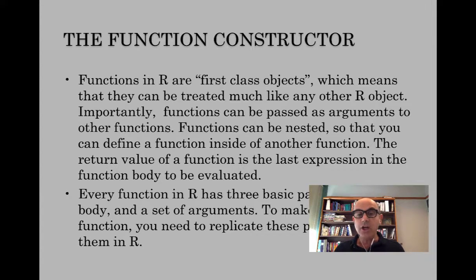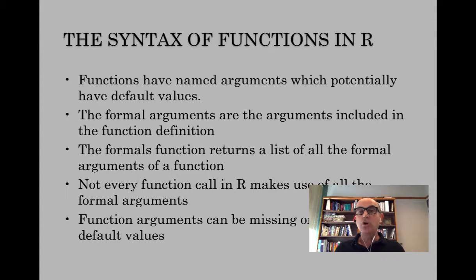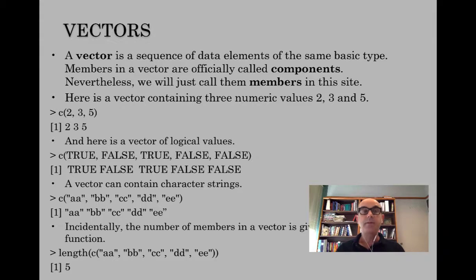To make your own function, you need to replicate those parts and store them in R. The function has a name, which potentially can have a default name, and formal arguments. The formals function returns a list of all the formal arguments of a function. Not every function called in R has the same formal arguments, and this is important to understand. Function arguments can be misleading or might have default values.